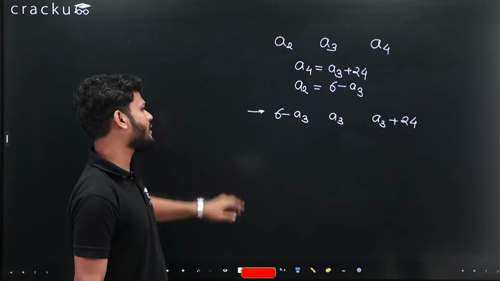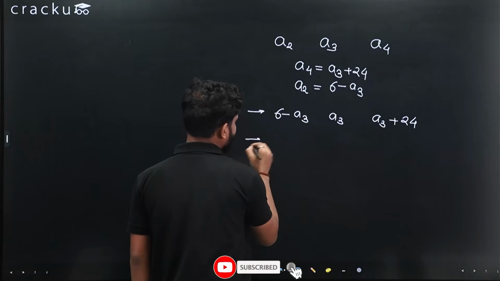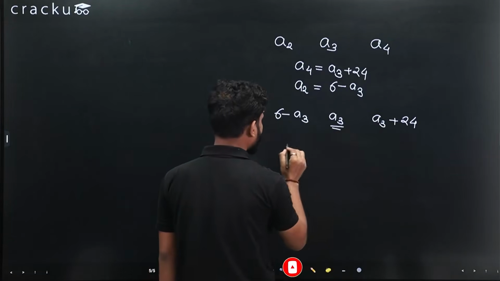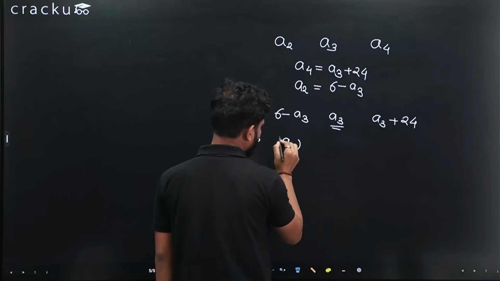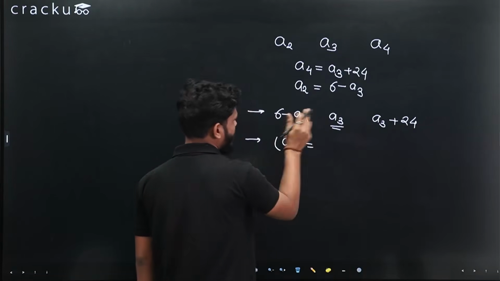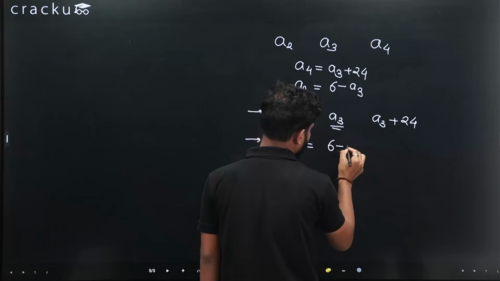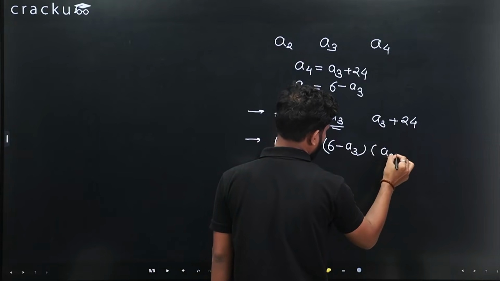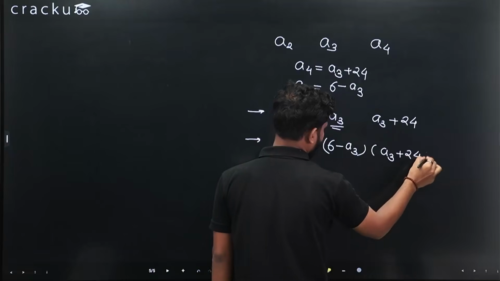Correct? Now what I can do? I can say that if these 3 are in the geometric progression, then the square of middle term A3 square will be equal to product of these 2 terms. So (6 minus A3) into (A3 plus 24).